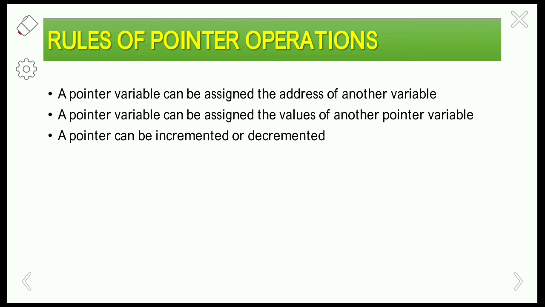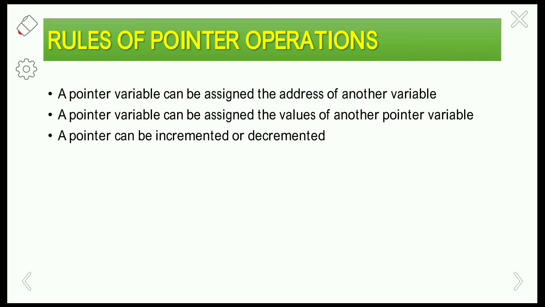Next, a pointer can be incremented or decremented. Normally pointer arithmetic deals with arithmetic operators like addition, subtraction, increment and decrement operations, and it won't support multiplication or division operations.